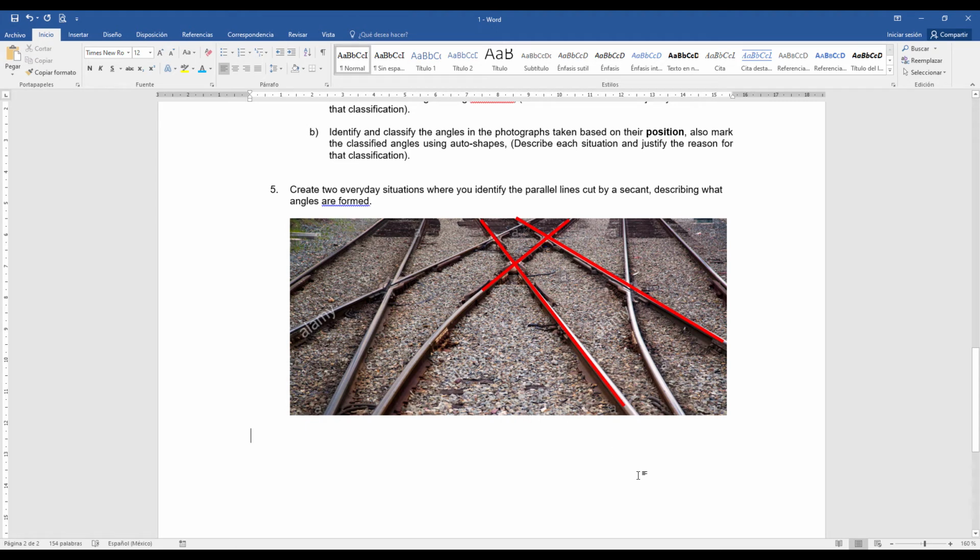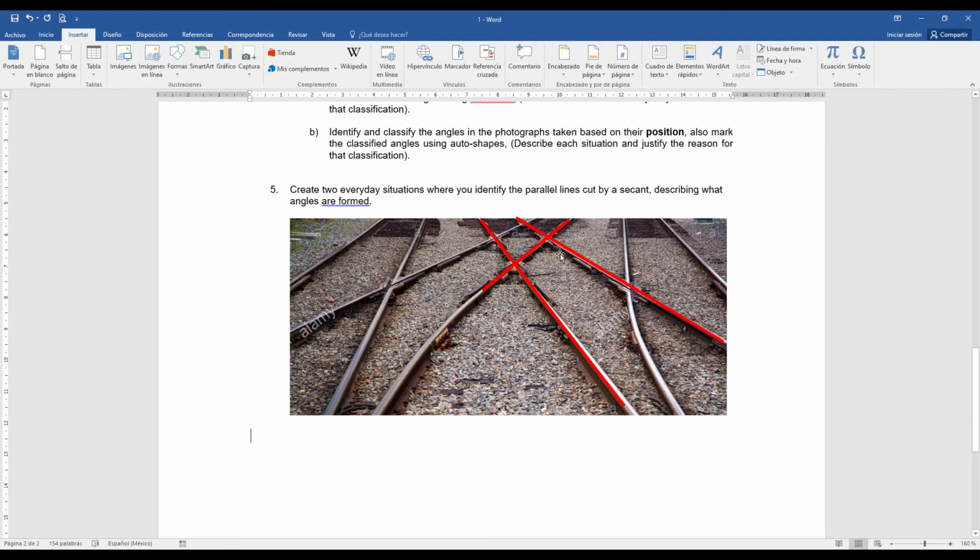But we know that the train tracks are parallel, so you will use that picture, using shapes again to identify the parallels and the secant, and you will mark all the angles formed inside.